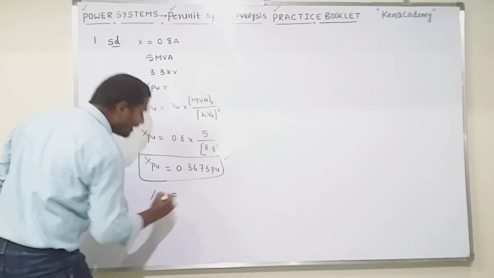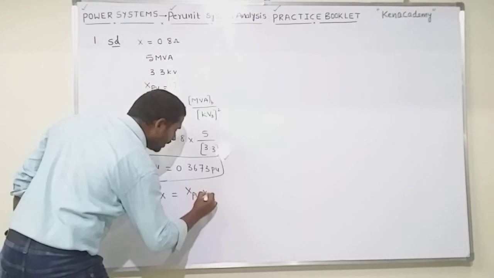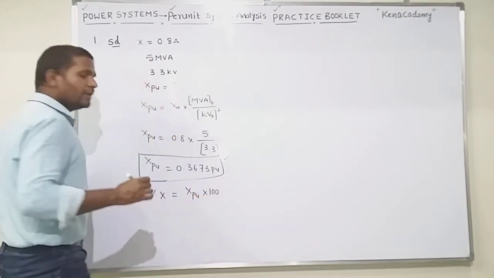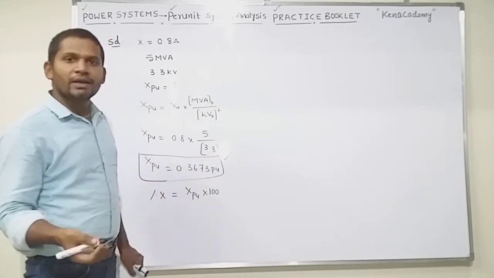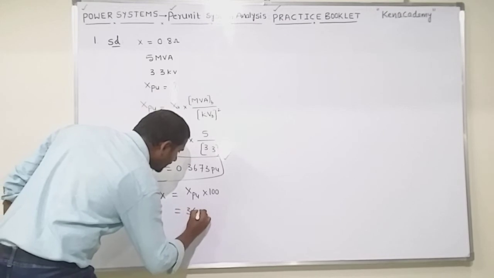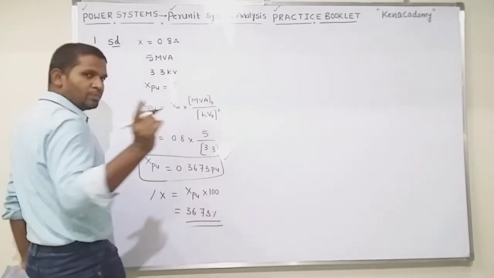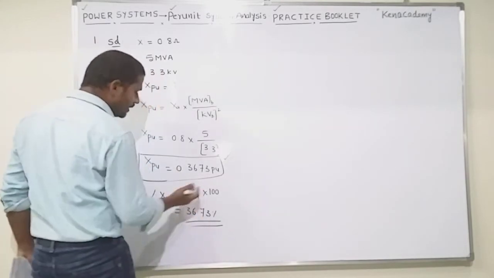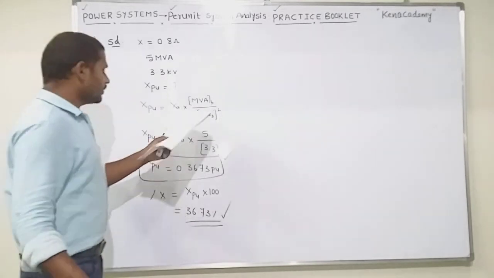If the percentage reactance is asked, then you do per unit reactance into 100. I already told you the only difference between percentage and per unit is multiplying by 100. Then how much percentage can you get? You tell me. 36.73%. But in this problem, I asked only per unit reactance. If percentage is asked also, do it like this. Clear? Now see question number 2.